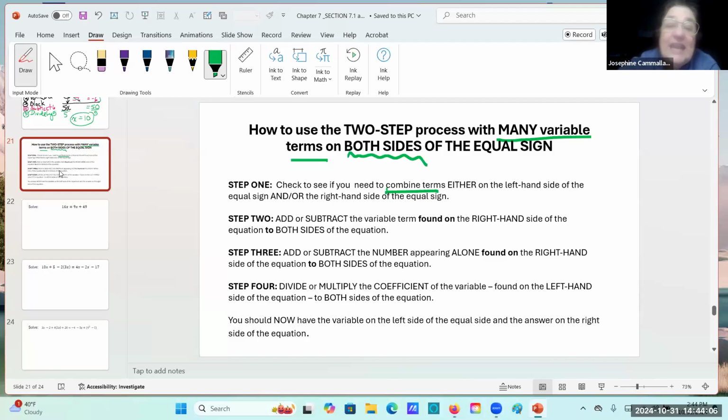Now, the key is we want the variable term, if it's on the right-hand side and the left-hand side, we want to move it to the left. Move to left. But then we want to take the number and move it to the right.